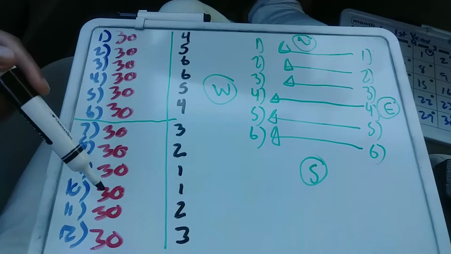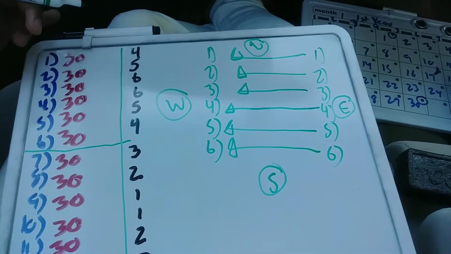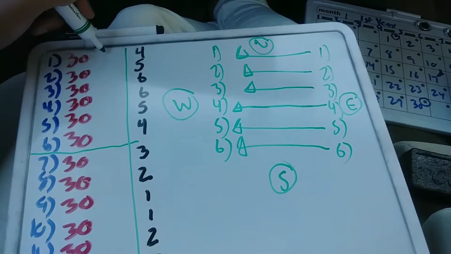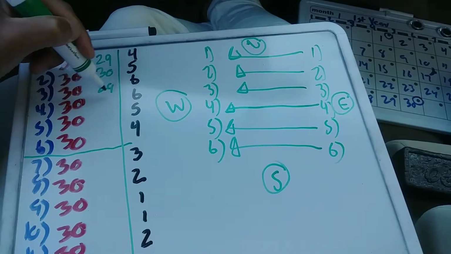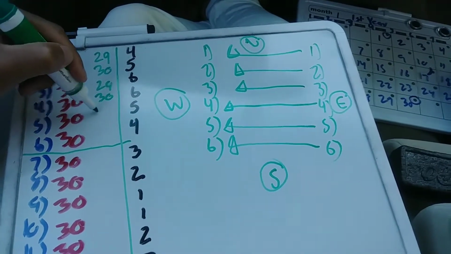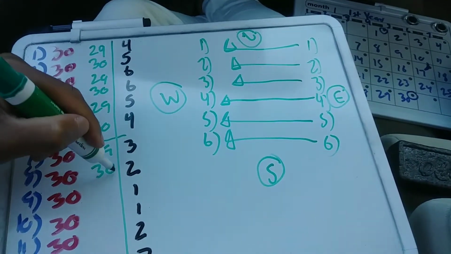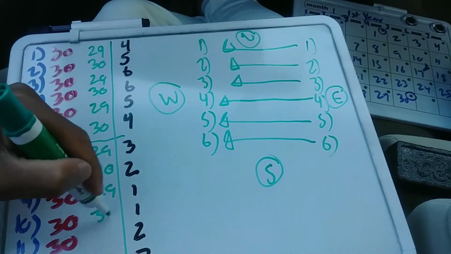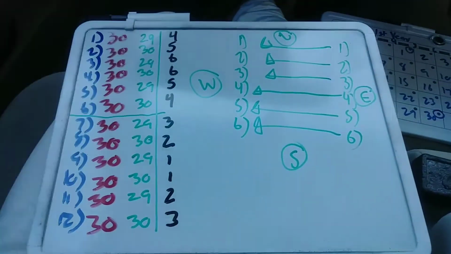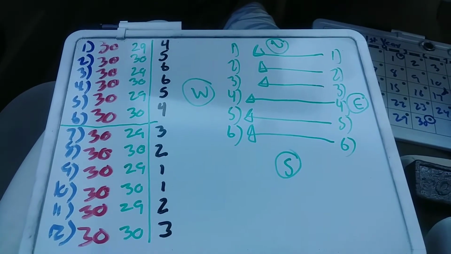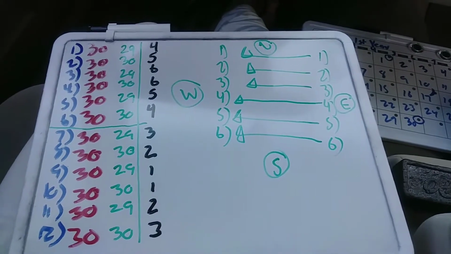The red represents the days of the sun. And then we have the days of the moon here. Okay, so this is what it would look like.